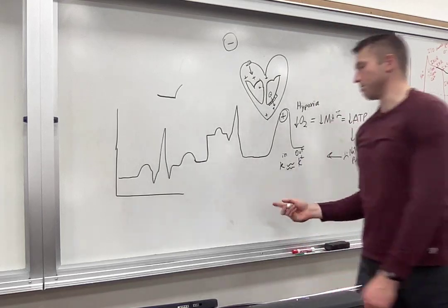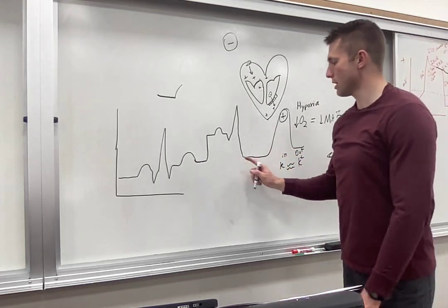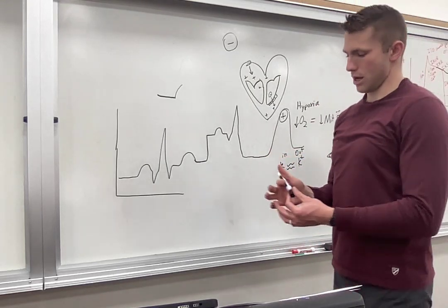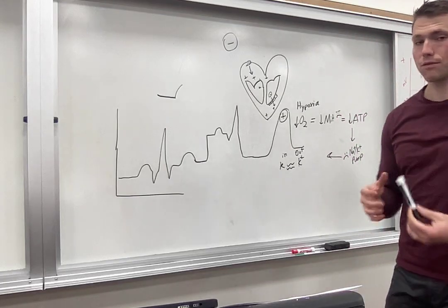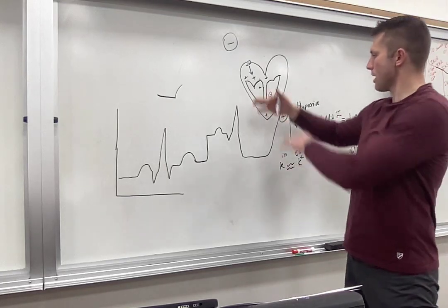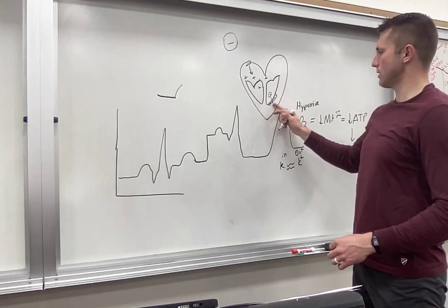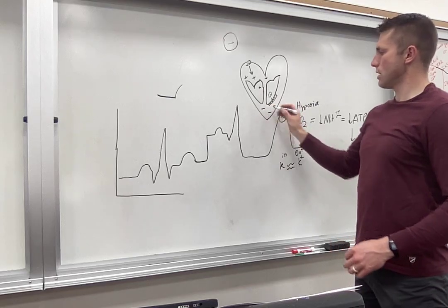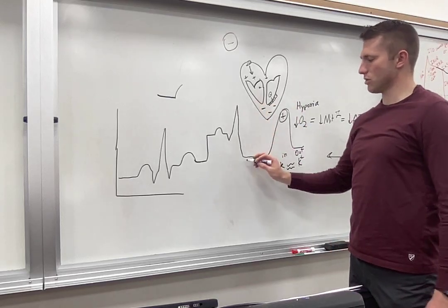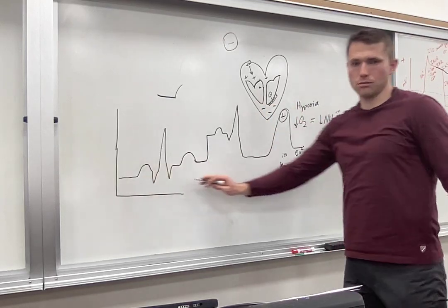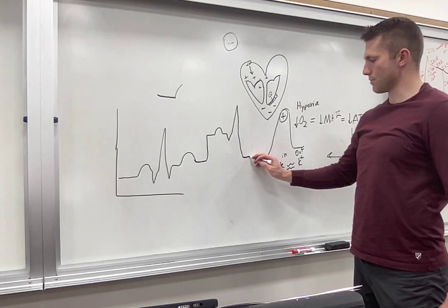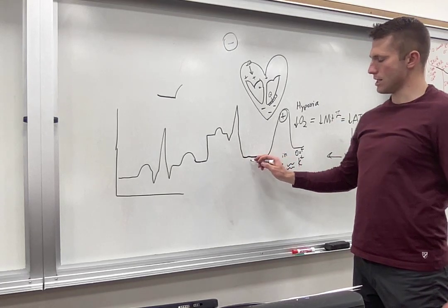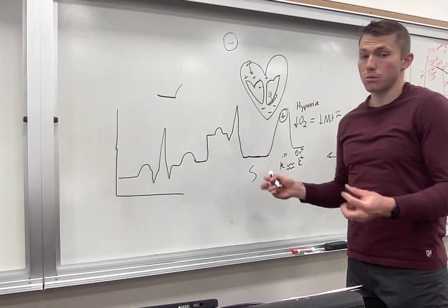But when it comes to repolarization, just before repolarization, the entire heart is negative. So the heart is like, oh, we're back to this baseline. We're back to this normal. So it comes all the way back down, and this is our kind of S wave.